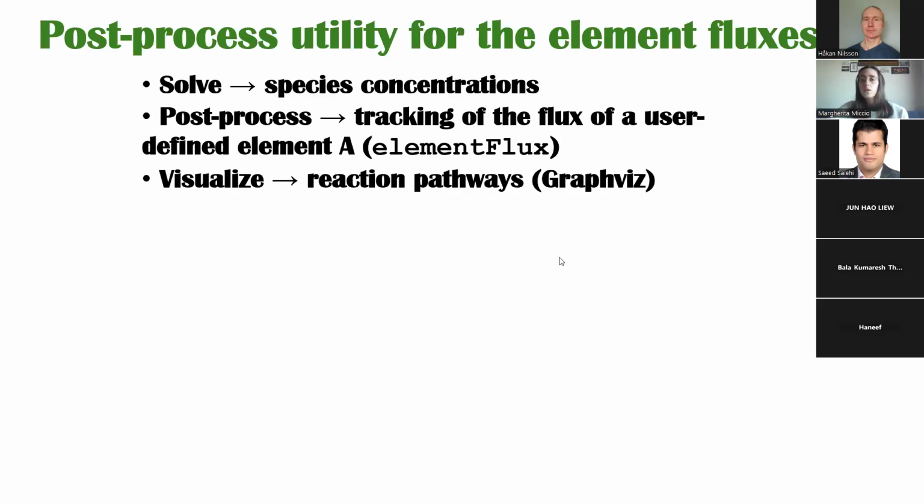After this, we can start the post-process and use the utility called elementFlux that will track the flux of a user-defined element A, which, for example, can be carbon. Once we run this utility, we can then visualize diagrams like the one I showed before, and see the reaction pathways.